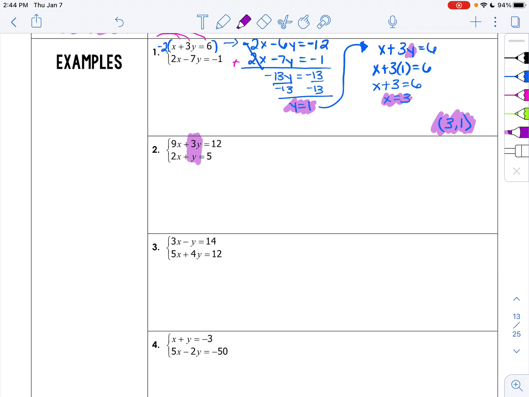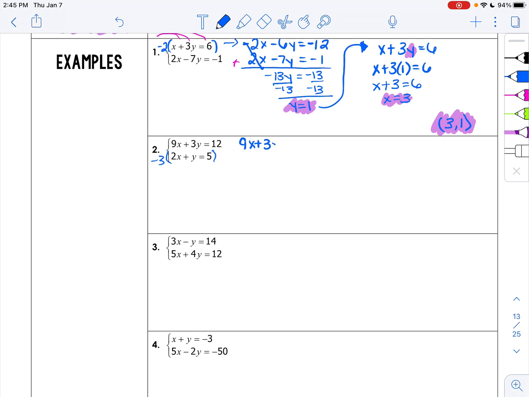If only that second y term was a negative 3, 3 minus 3 would eliminate. So I'm going to force that bottom equation so that it reads that way. And to do that, I'm going to multiply this whole bottom equation by negative 3. That doesn't change my top equation, so I'll just bring that one over.